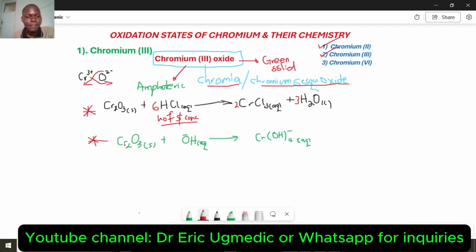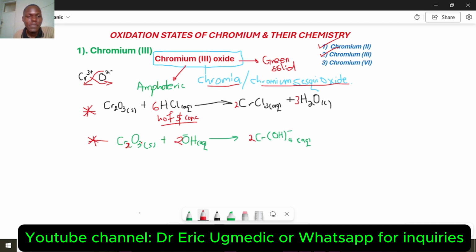But before that, let's look at chromium. This side we have 2, and this side we have 1. So let's start by balancing chromium. If I have a 2 introduced, then my charge would be changing to -2, which means I will need to introduce a 2 as well, so that we have the charge balanced.